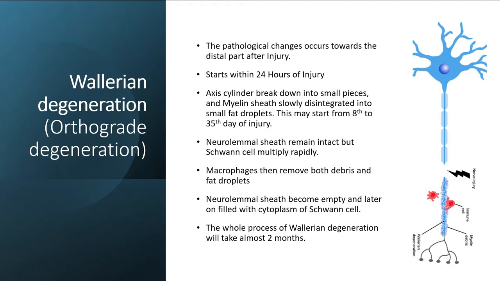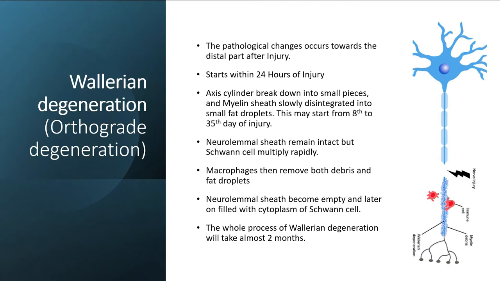The first one is Wallerian degeneration, which is also known as orthograde regeneration. In this picture, it is very clear that the pathological changes occur towards the distal part of the injury. You can see that there is a cut, and the two parts of the axon become separated, but the damage, or the pathological changes, is observed in the lower part, the distal part.